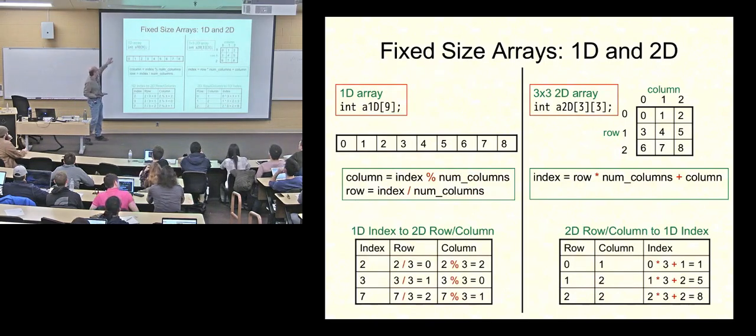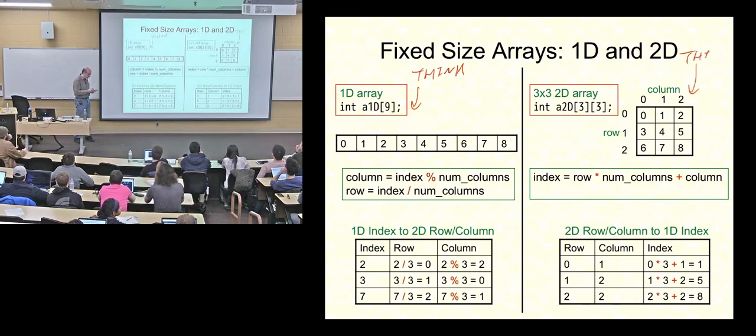Now, when I create a one-dimensional array, or I create a two-dimensional array, we think of them this way. How it's actually laid out in memory, they both look like that.